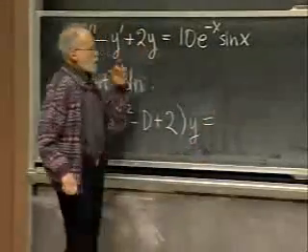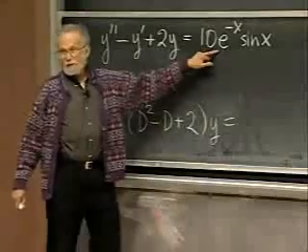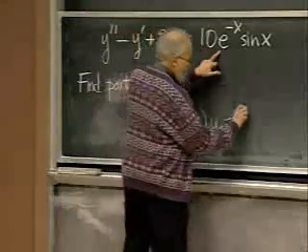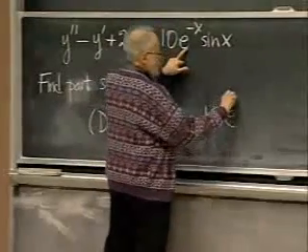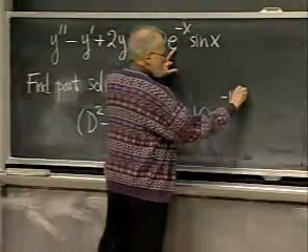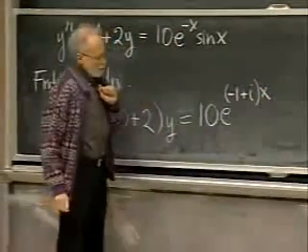So we want a particular solution, and our equation is this equals that. Now, let's complexify it to make this part of a complex exponential. So the complex exponential that's relevant is 10 times e to the minus 1 plus i, x. You see that? What is this?